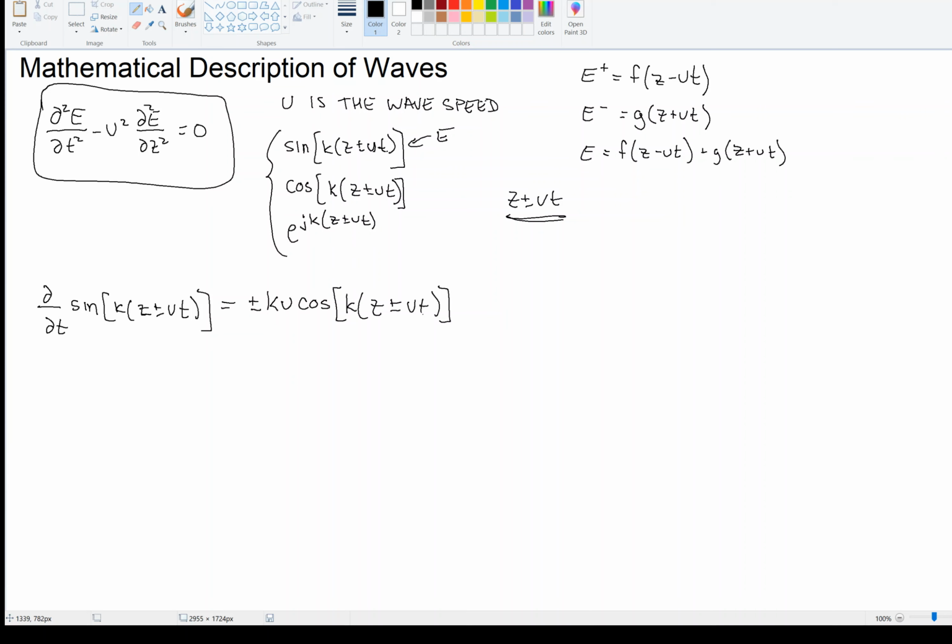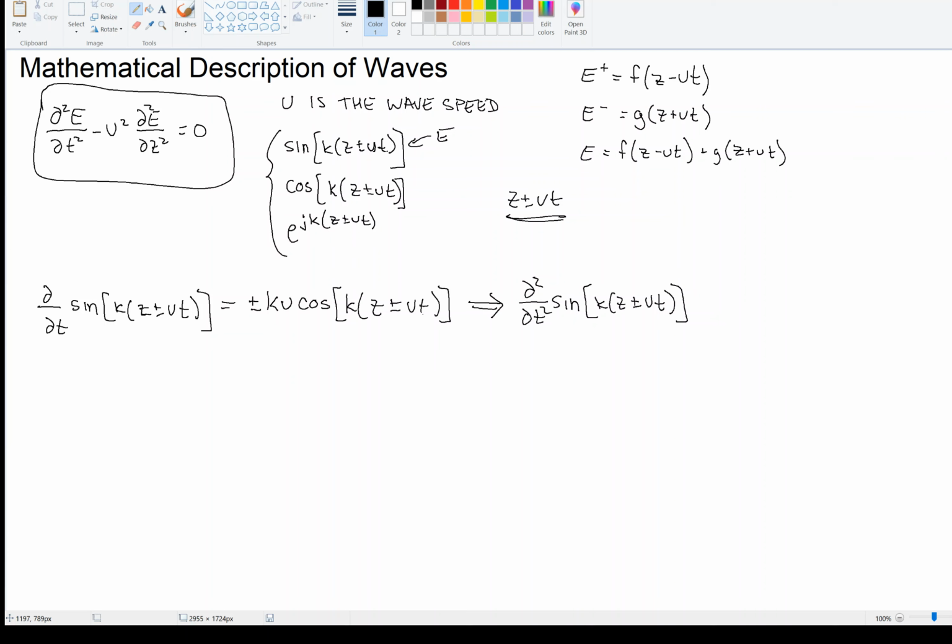Now, when I take the second derivative with respect to time, I'll have another plus or minus uk coming out in front. So now the plus and the minus don't matter, right? Because if it was minus the first time, it's minus again, that makes a plus. And if it's plus the first time, it's plus again, that makes a plus.